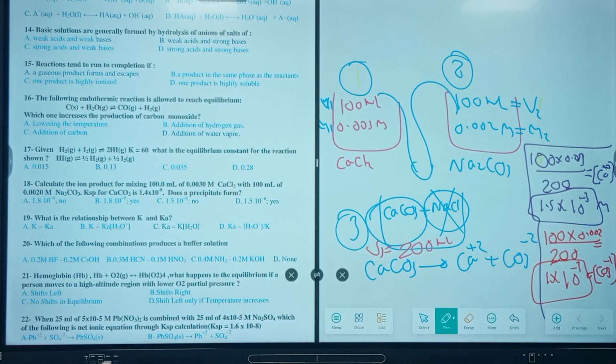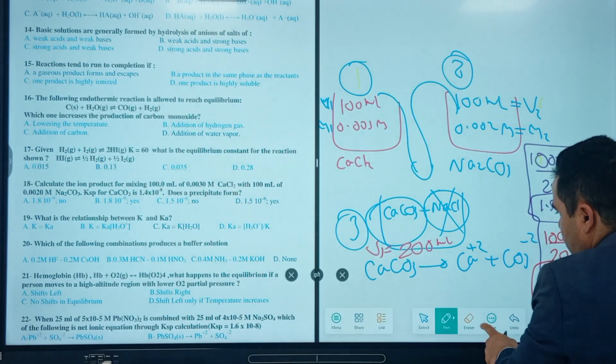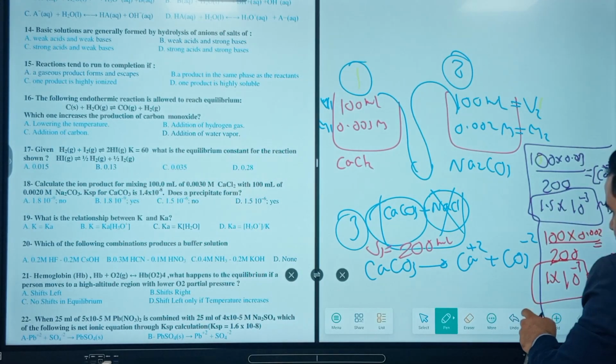Concentrations of CO3 and Ca are given. Let us calculate the IP for this reaction.